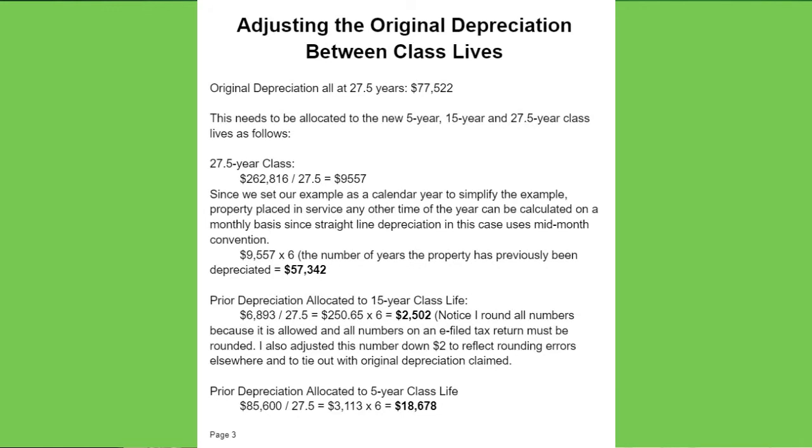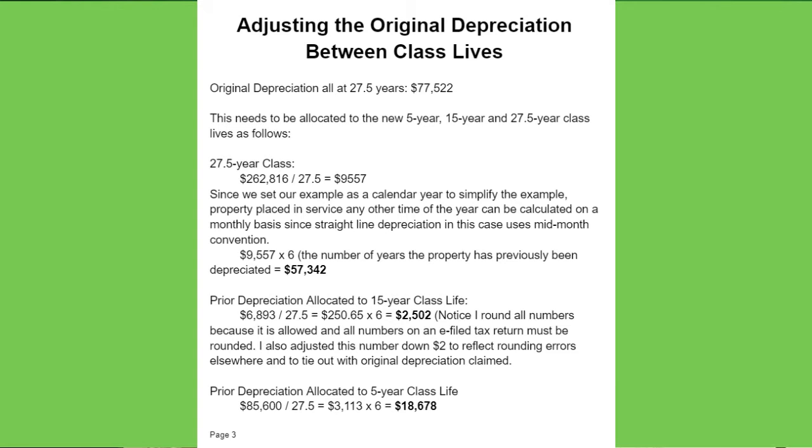So remember that first page that we used, that depreciation schedule showing $77,522 of depreciation? Well, we have to do something with that because some of that should have been applied to the other portions, if you will. So you had actually $355,309 being depreciated, but in reality, we should have only had a little bit less than that.